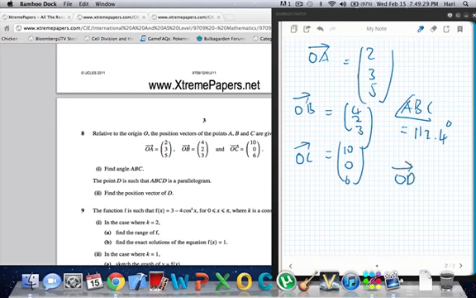Where ABCD is a parallelogram. Now let's just draw this. I'm going to draw it in 2D. So we have A, I'll draw this in separate colors, we have B, we have C. Now if we just draw this, and then we have another vector, draw this in green.